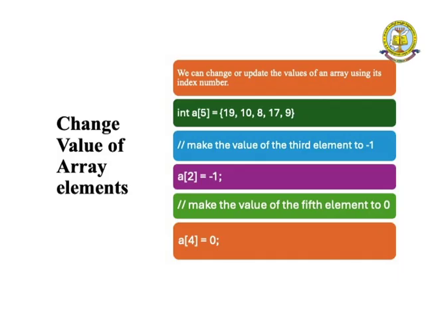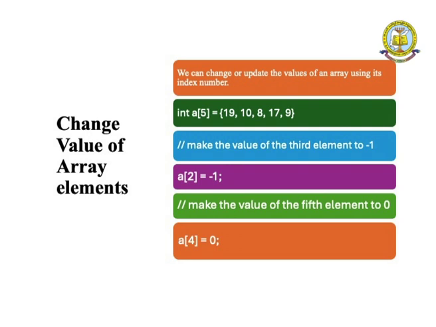For example, int a[5], I have taken 5 elements, namely 19, 10, 8, 17 and 9. In this array, if I want to change the third element, which is 8, to -1, how can I change it?